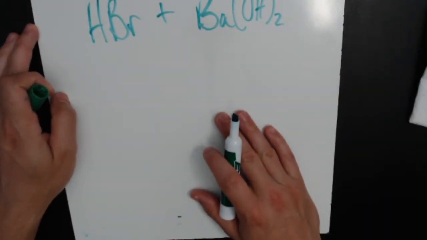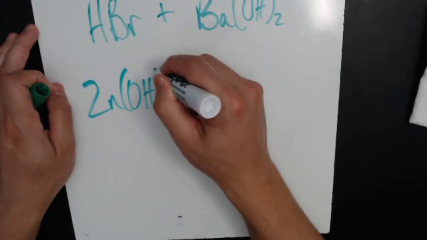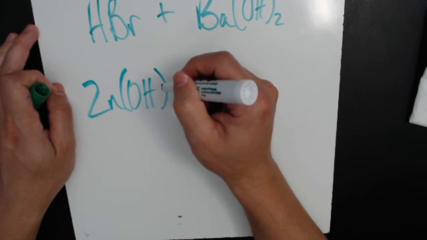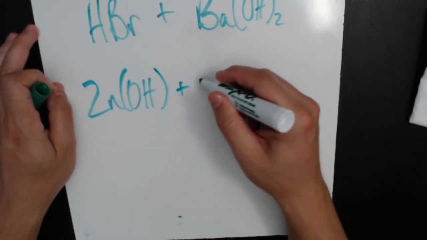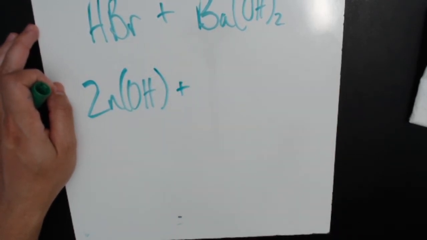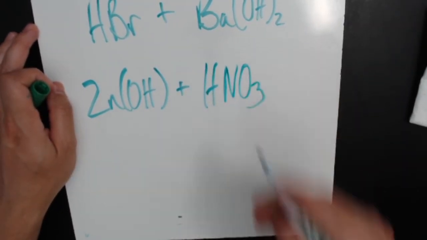And for E, we have zinc hydroxide. I'm pretty sure zinc is always a positive one. It might always be a positive 2. And then, let's see, nitric acid, that's the acid of nitrate, so HNO3.